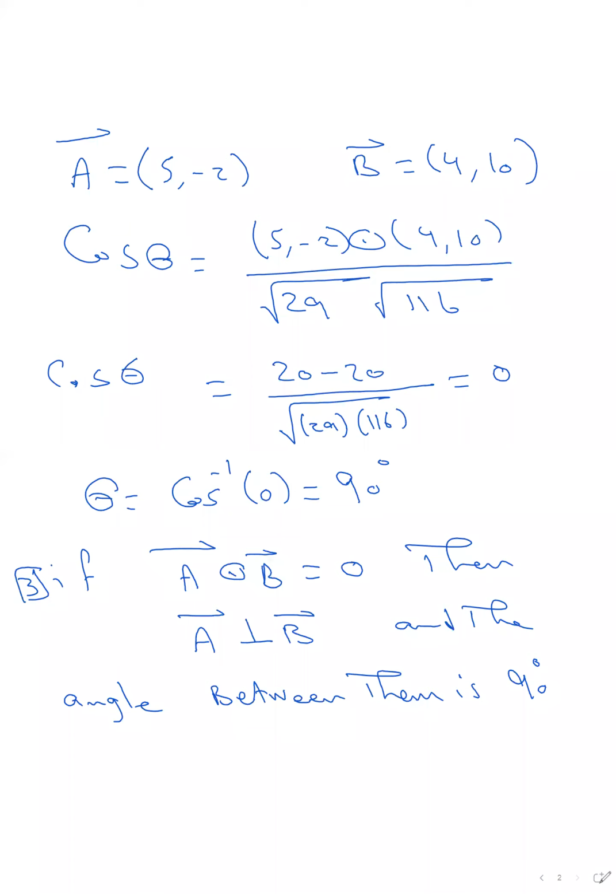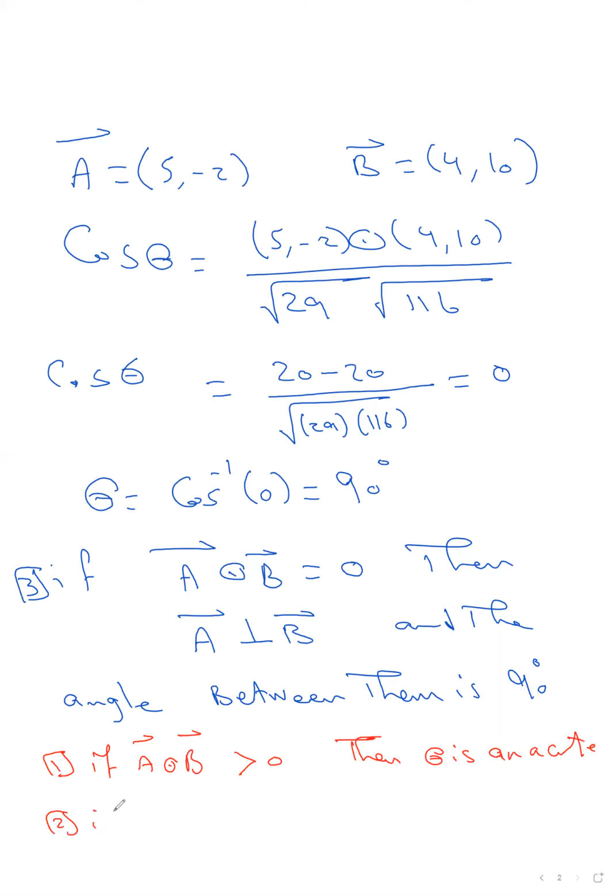Have you got it? Any problem with this? So we said number one, Mister, can you repeat? Yes, number one: if A dot B is more than 0, then theta is acute.